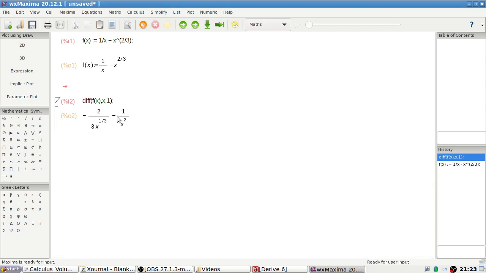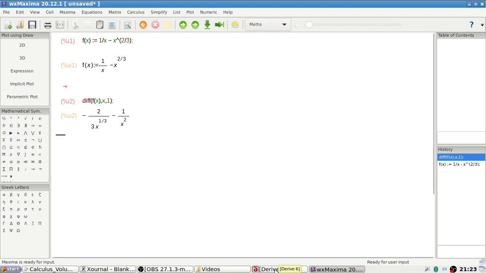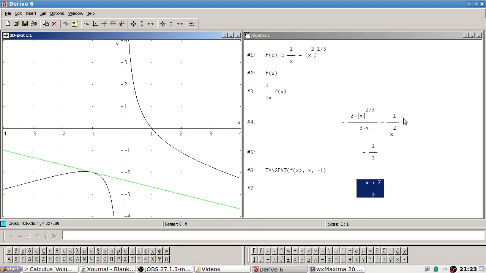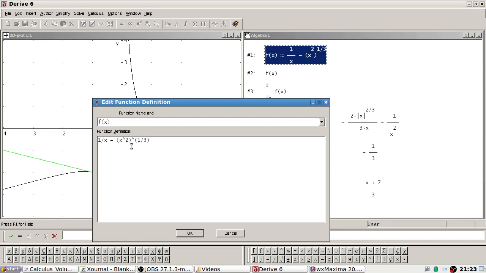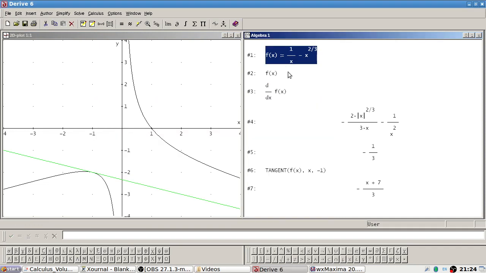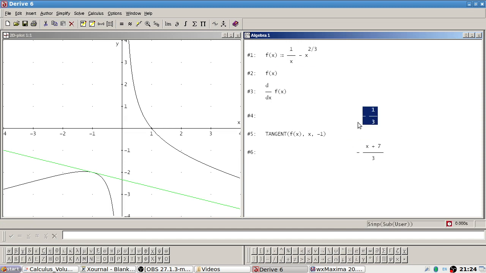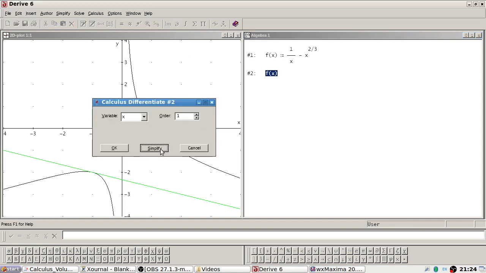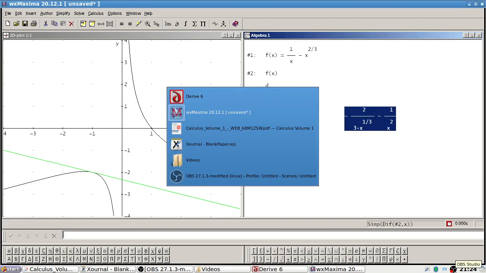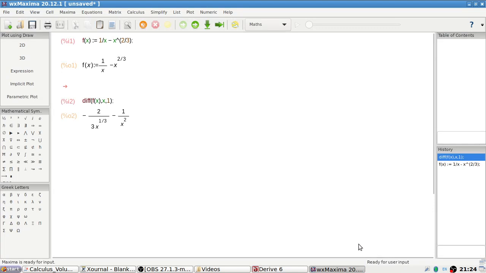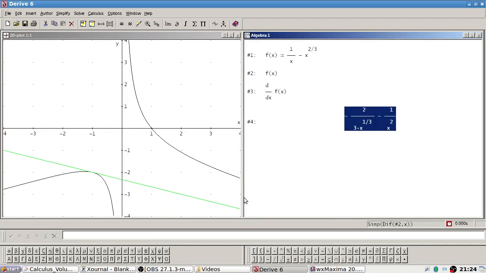Okay, is that the same answer? 1 over x squared. And it's a little bit different here, but let me just go back to the original and then differentiate it, see how it compares. Okay, so the derivative's the same.